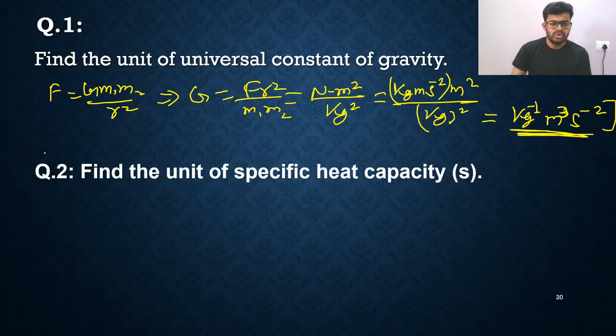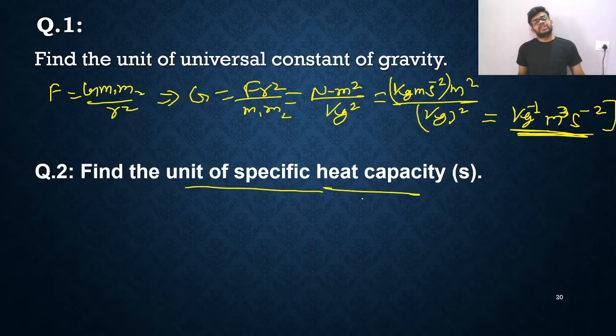Next, question number 2. My dear friends, in this question we need the unit of specific heat capacity. This formula comes in thermodynamics. Eleventh class students, don't worry about that. If you don't remember it, no need to worry, because these formulas will come later as you learn the chapters, and then you will remember them. You don't need to mug up.